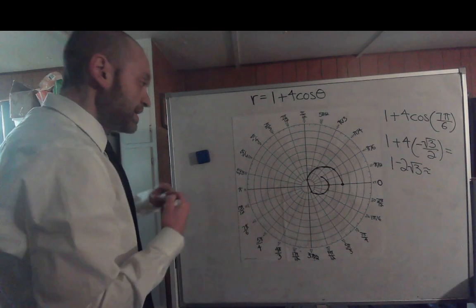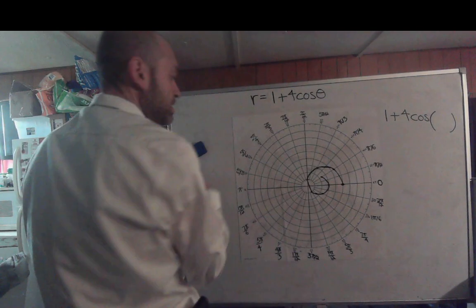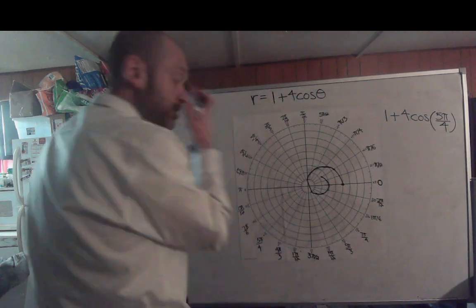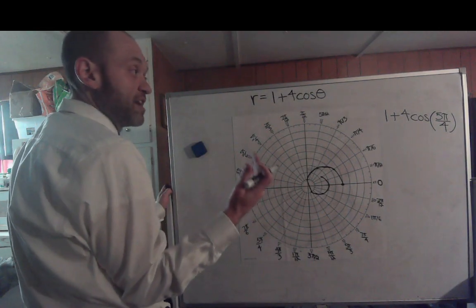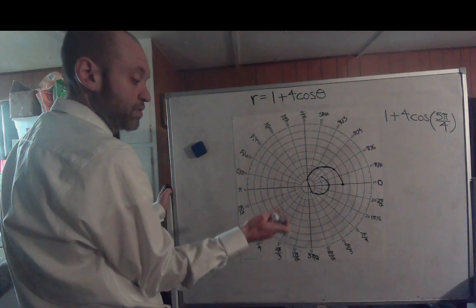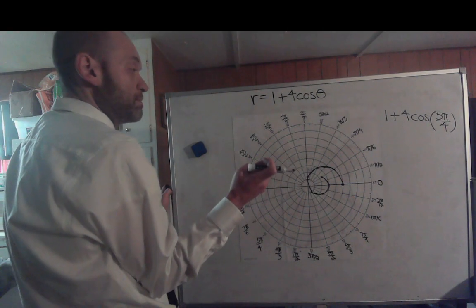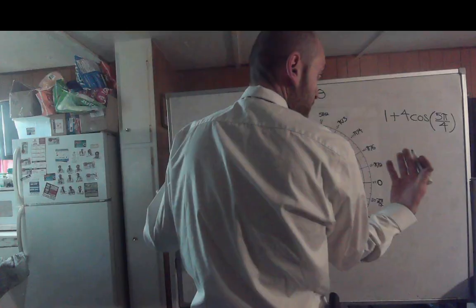All right, next then is going to be 5 pi over 4. So if I do 1 plus 4 times the cosine of 5 pi over 4, we know the cosine will be negative due to the fact that we're in the third quadrant. So what's the cosine of pi over 4 normally?